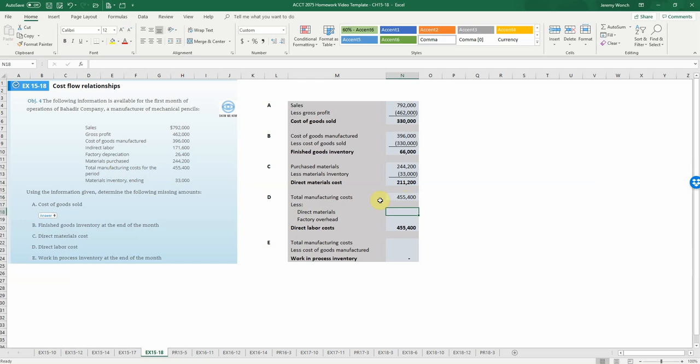The total manufacturing cost is made up of direct materials, factory overhead, and direct labor. So if we just subtract out our direct materials, which we calculated right here, and then subtract out the factory overhead, which they give to us, I think they give it to us, don't they?